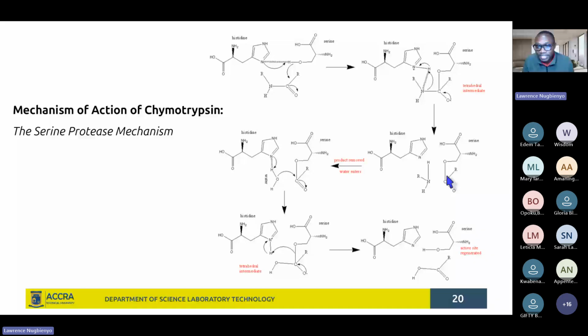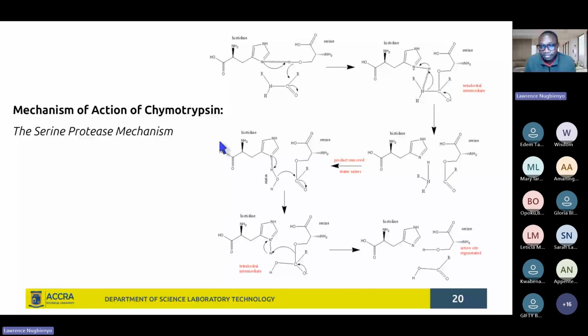The next thing is that water comes into the reaction. That will be some hydrolytic reaction to occur. First, the water molecule has a hydrogen atom given onto that nitrogen again on histidine.